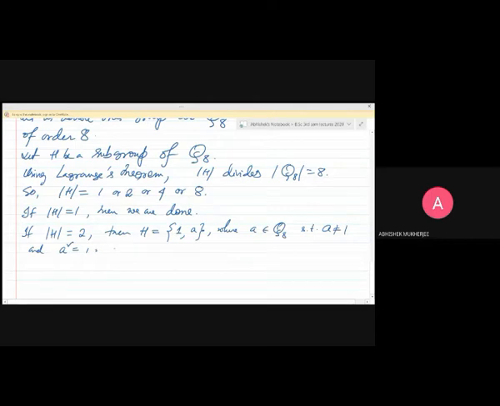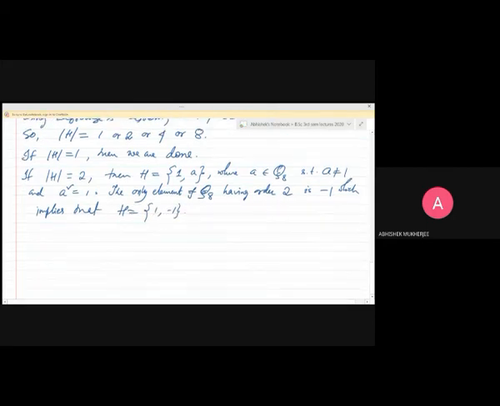So the only element of Q8 having order 2 is minus 1, which implies that H must be {1, -1}, right?